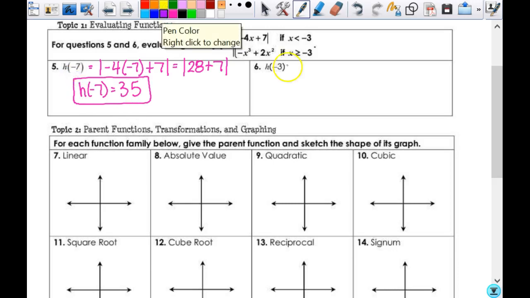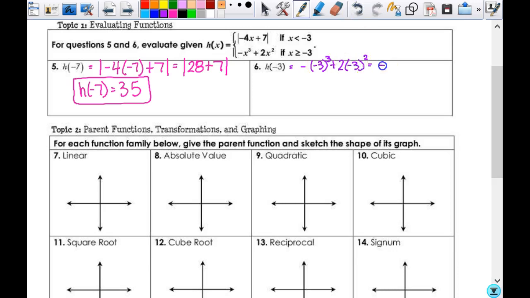All right, h of -3. Well, -3 shows up in both of these, but it's only included in this one. So I substituted in the last one. -3 cubed plus 2 times x, oops, sorry, gotta substitute that in there. X is -3 squared.